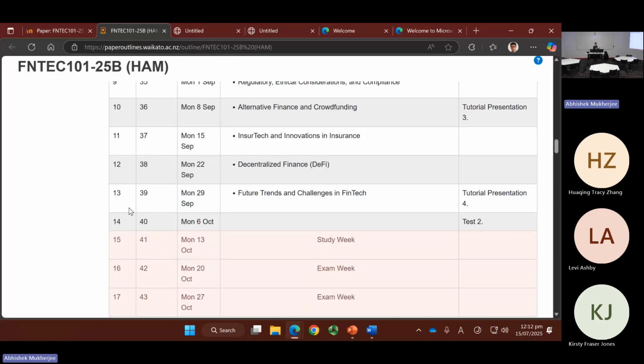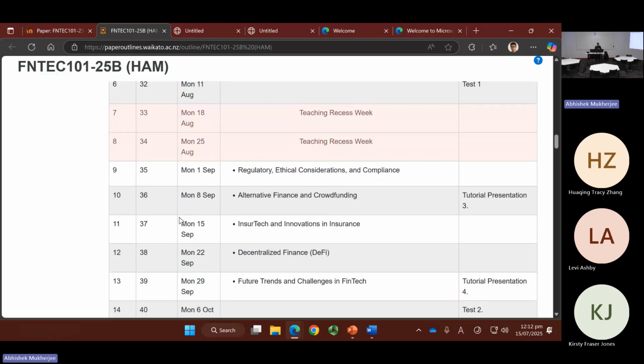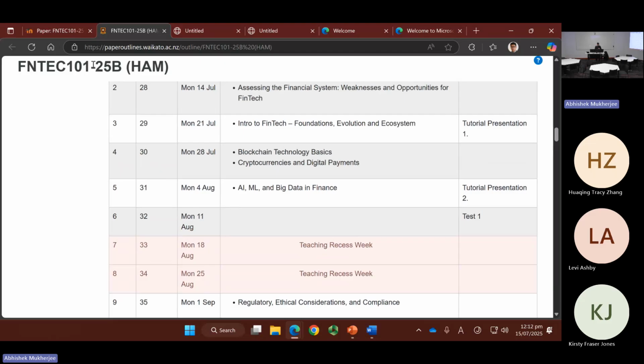In a tutorial, you only have 50 minutes, so it cannot be done individually. We can only accommodate maximum 5 groups, 10 minutes each. So you will have 10 minutes to present, and therefore only 5 groups max. In week 3, you'll have to do your presentation.